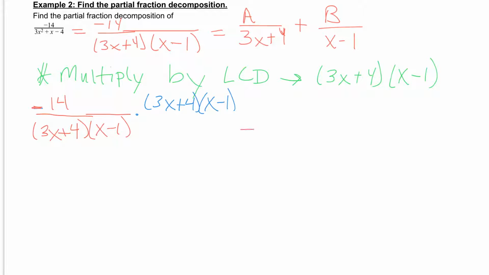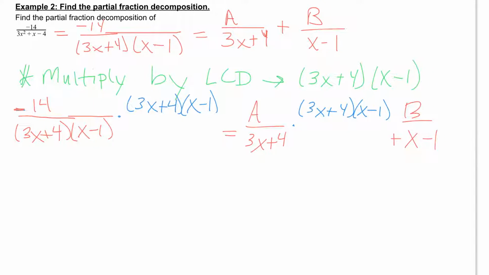Then this is equal to A over 3x plus 4, and I am multiplying that by the same thing, 3x plus 4 times x minus 1, plus I have B over x minus 1. I'm going to have to move this over a little bit.